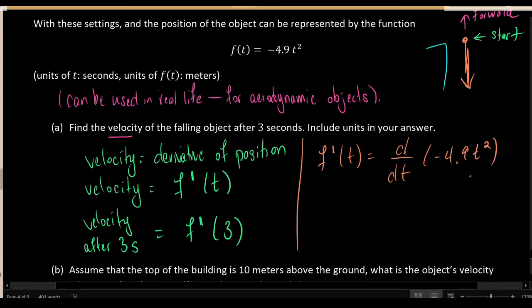So by the constant multiple rule, I can ignore negative 4.9 for just a second, and I can find the derivative of the function t squared using the power rule. So 2 comes to the front, t squared becomes t to the first power, and I get negative 9.8 times t.